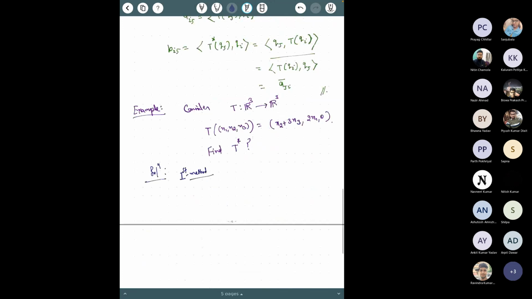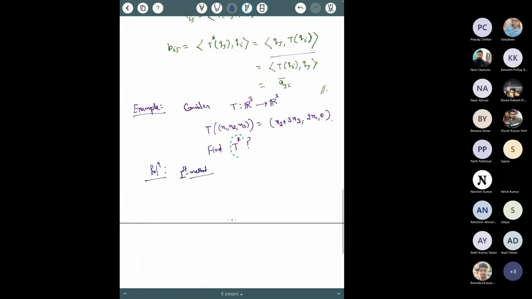When I say find T star and I have not mentioned the inner product on R3, you assume that it is the standard inner product. So we consider R3 with the standard inner product. We first fix a basis for R3.